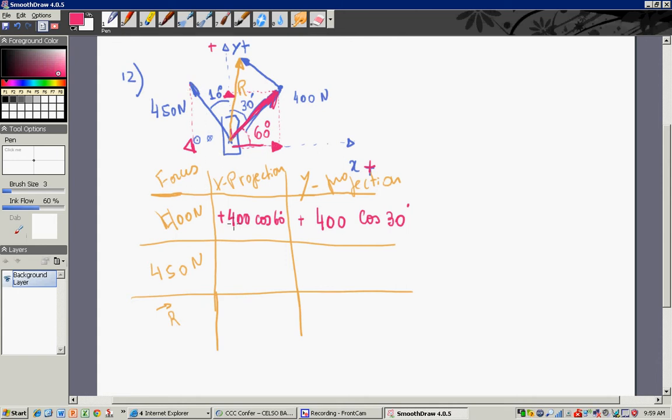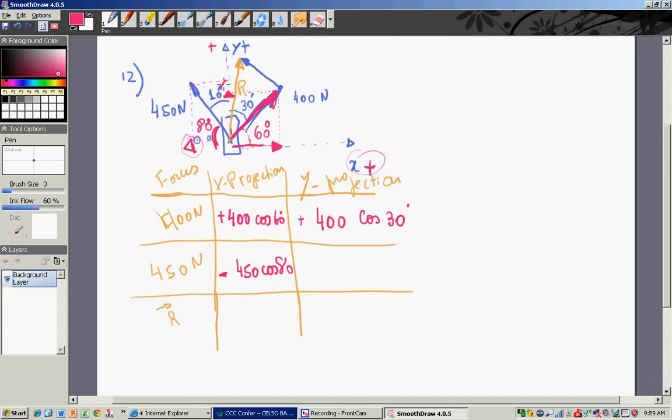How about 450? Let's project it in x. Here's the projected direction. Now when I projected my 450 on x, here's what I found. The projection is in a direction that opposes what I call positive. That will bring a negative sign. 450 cosine of the angle between vector and axis, cosine of this angle here, cosine of 80.